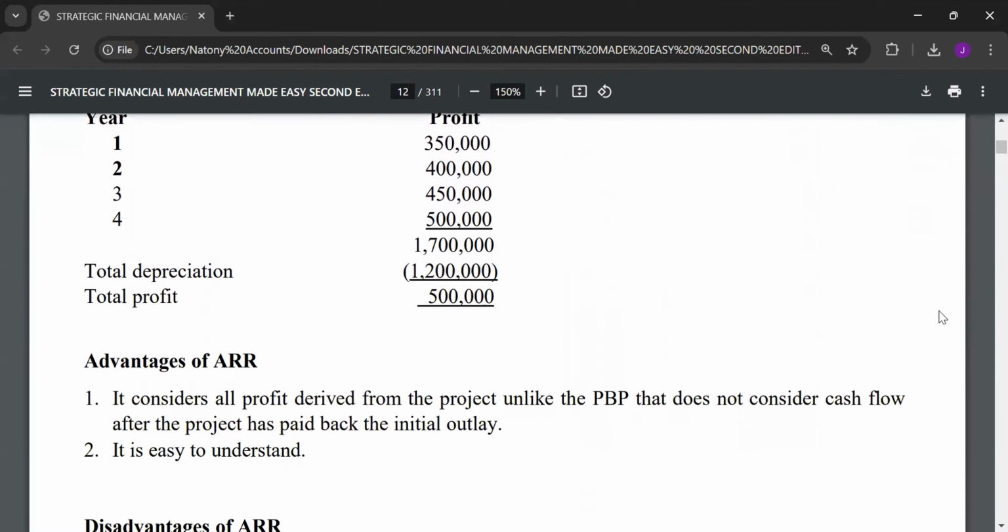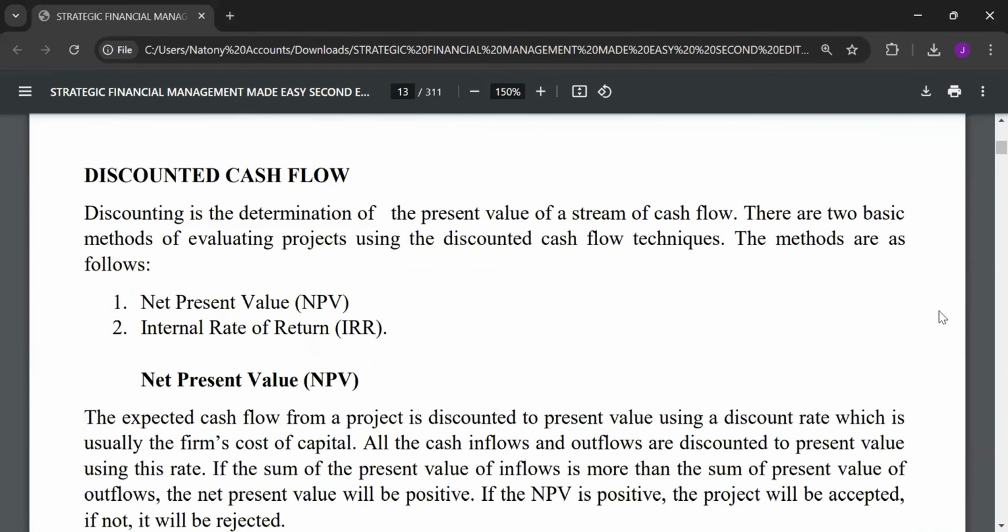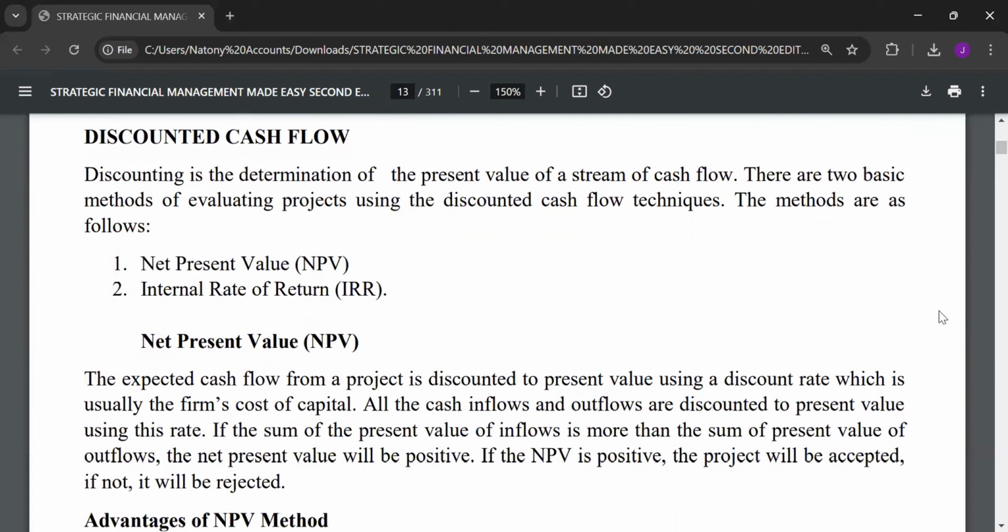The next method is the discounted cash flow. This is where most of the questions will be coming from with regards to investment appraisal. The discounted cash flow method is very important because the knowledge you have here will be applied in other areas of your strategic financial management exam.